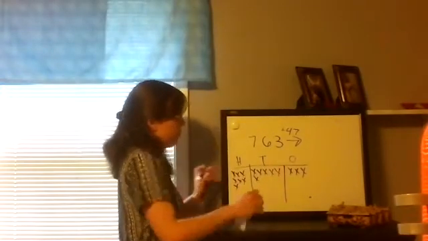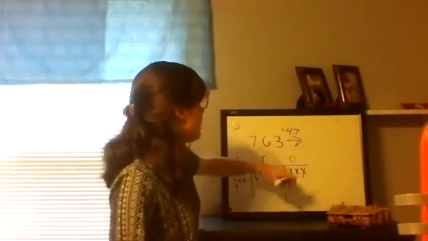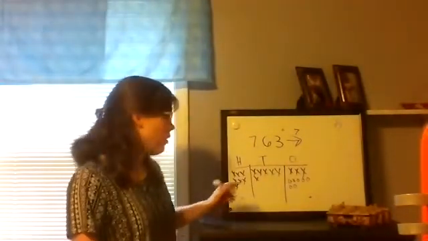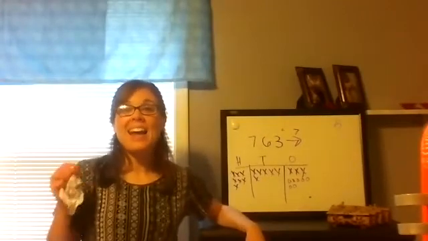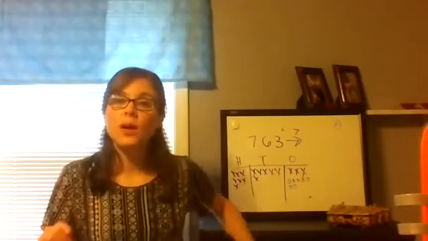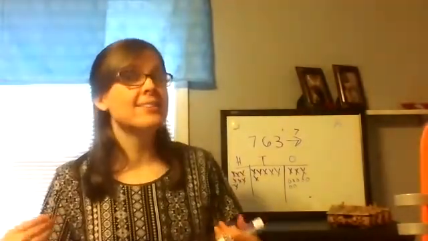All right. So first, I'm going to add the ones first. So I'm going to put my number over here. I'm going to make this arrow adding my 7 ones. 1, 2, 3, 4, 5, 6, 7. So how many ones do I have so far? 1, 2, 3, 4, 5, 6, 7, 8, 9, 10. I have 10. 10 ones makes 1 ten.